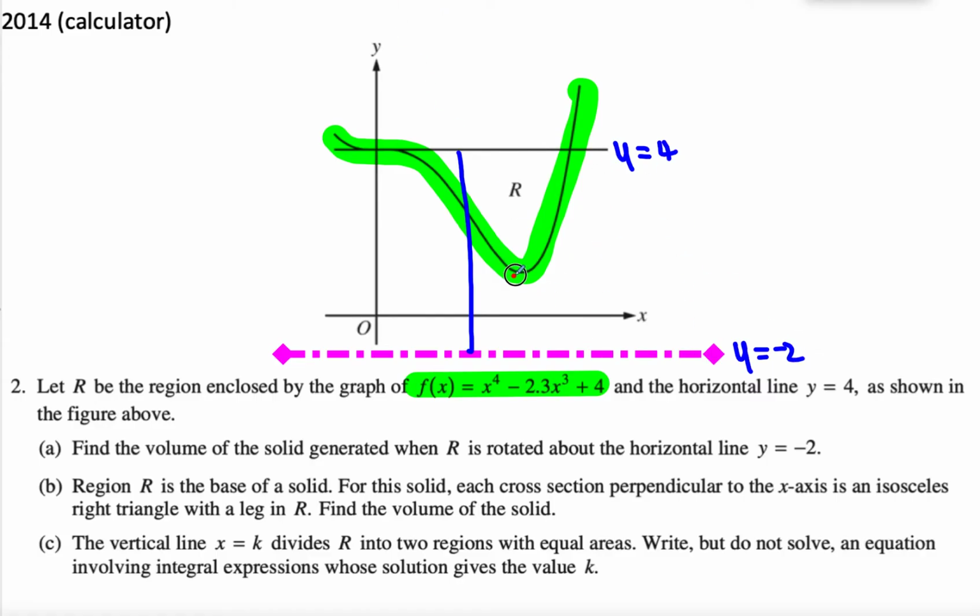Inner radius would have been this one, which is f of x minus -2. So to answer part A, where are we going from and where are we going to? We need to find an intersection as well. Now, let's get this together. I'm going to take out my calculator here.